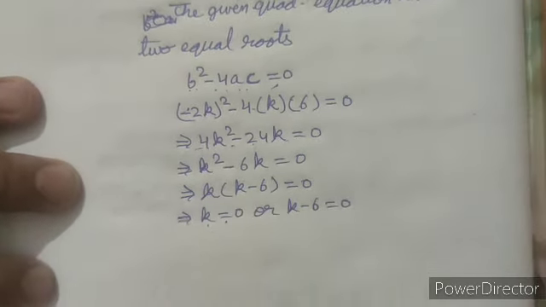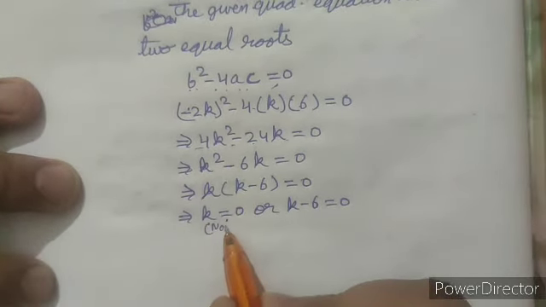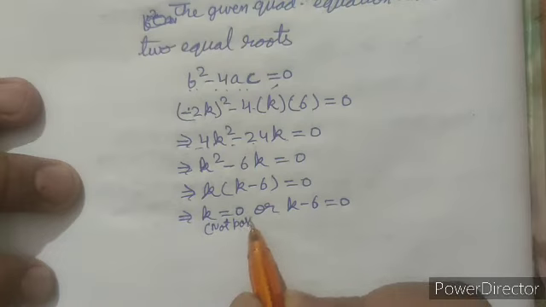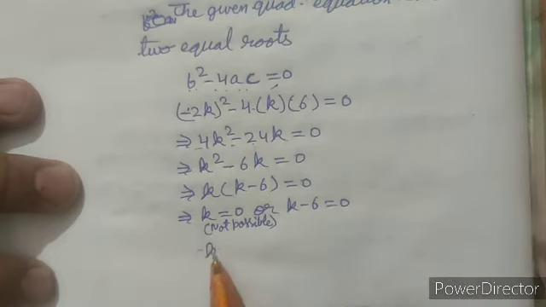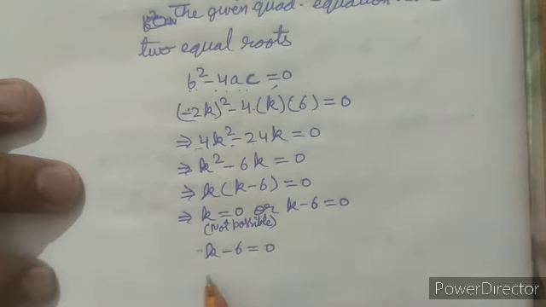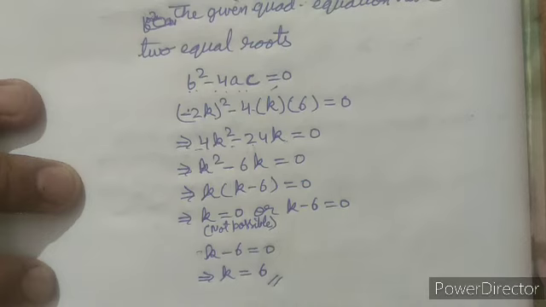So we can say that k equal to 0 is not possible. So we will take k minus 6 as 0, and this will give us the value of k as 6.